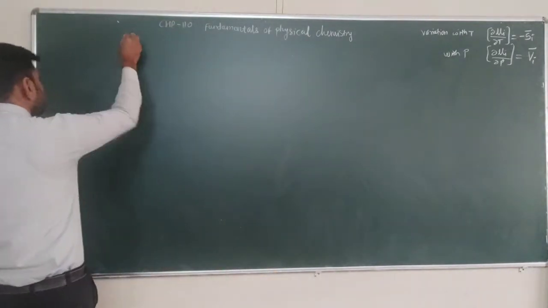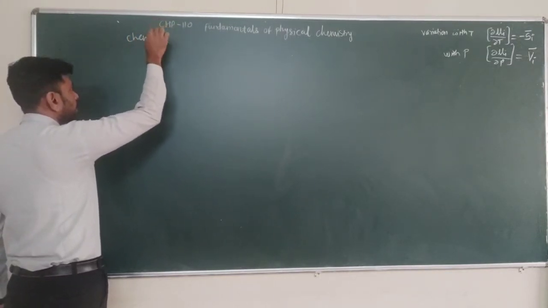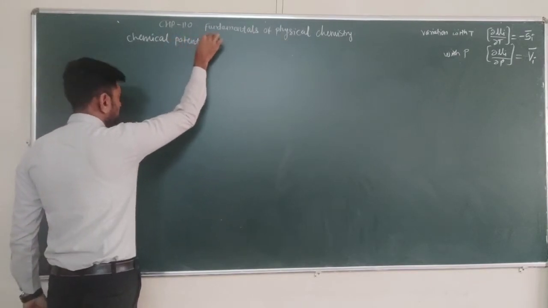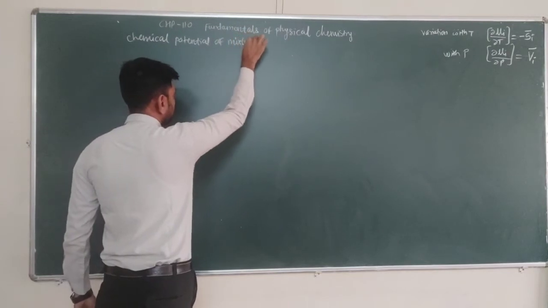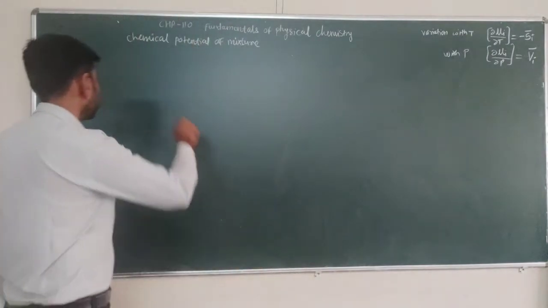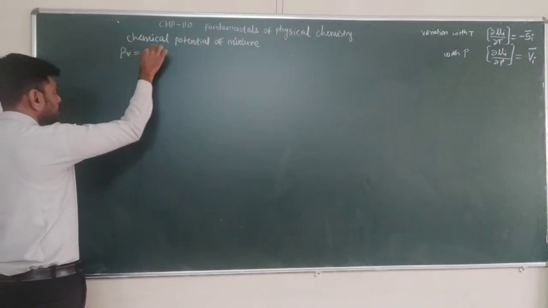Now we have to see the chemical potential of a mixture of ideal gases. We know the ideal gas equation PV equal to nRT.